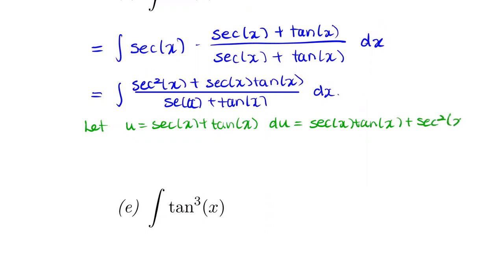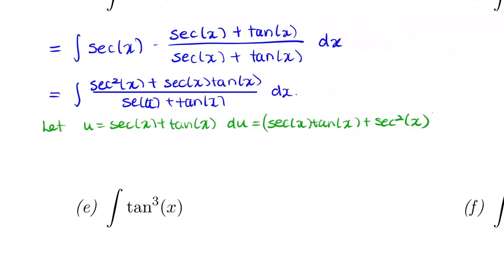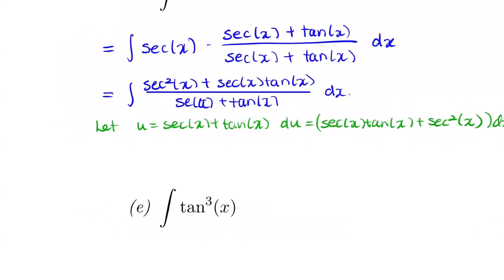Aha, so now we see that this du, secant x tan of x plus secant squared of x, is exactly what we have on the top. And I'm also not going to forget about the dx on the outside. And then the u is just going to be secant of x plus tan of x.